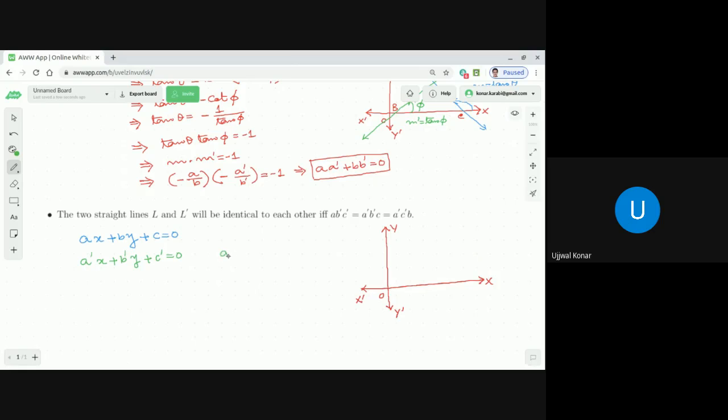That means they are identical: a by a dash is equal to b by b dash is equal to c by c dash.